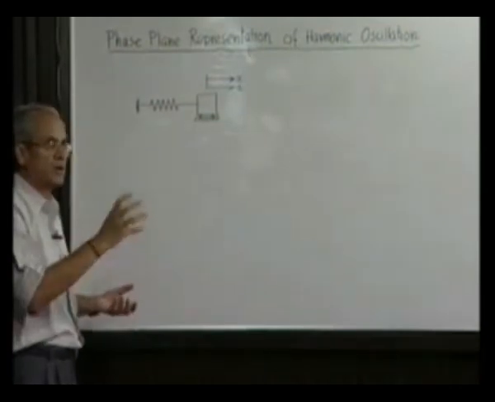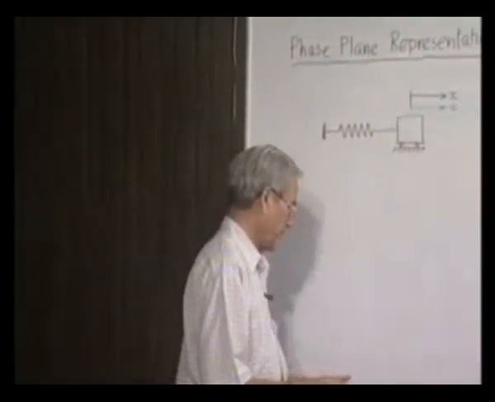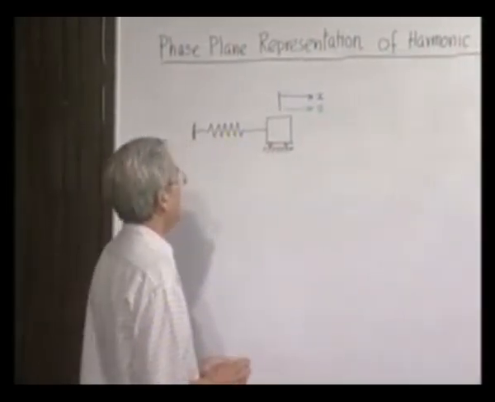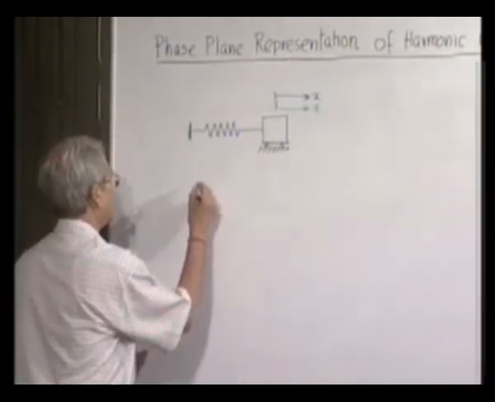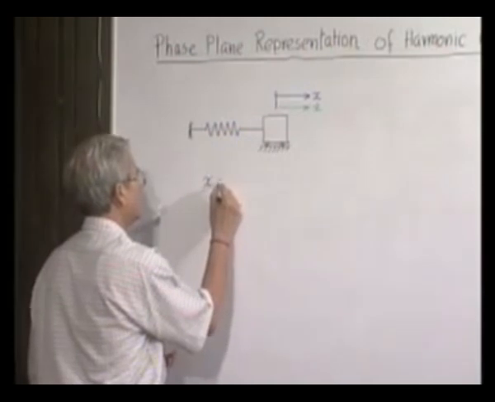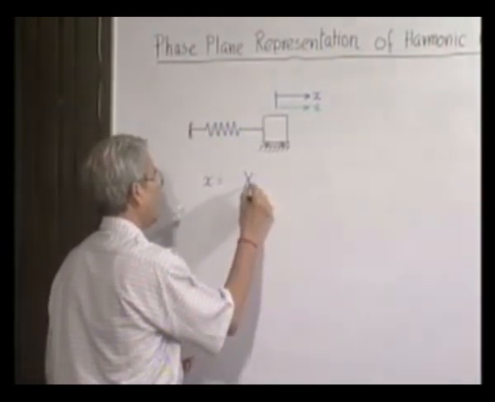It can be angular oscillation also. The equations are same or similar. Now, for all small oscillations, we know that we can represent x by a harmonic function.